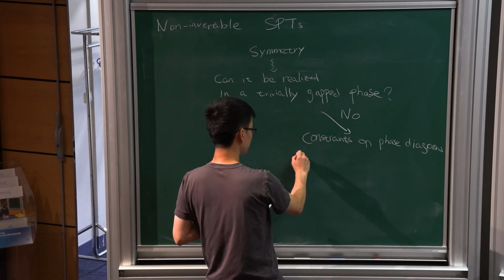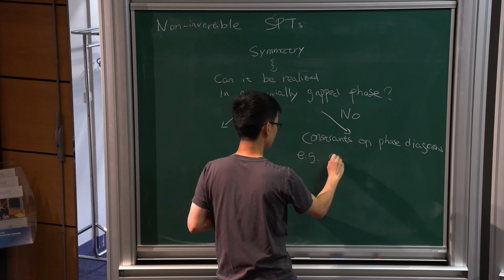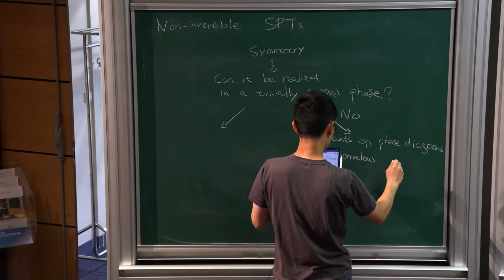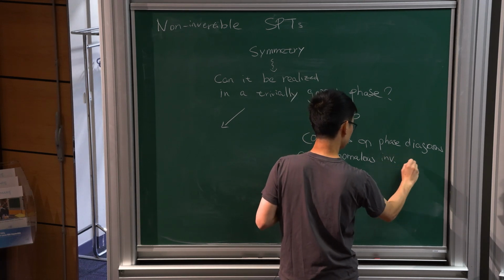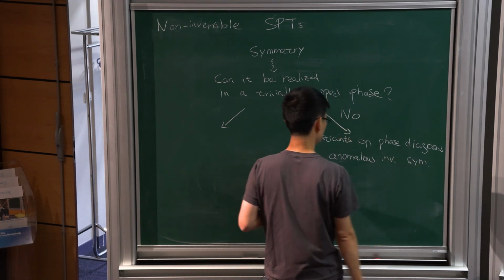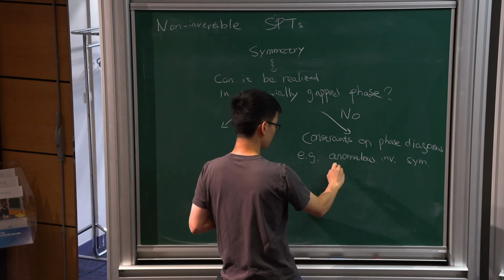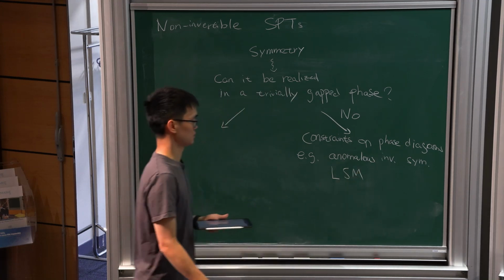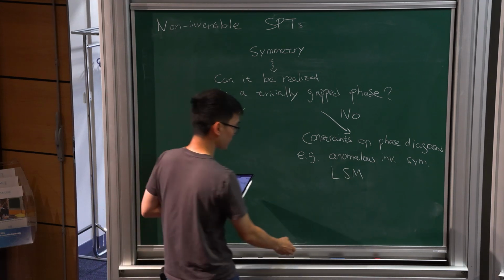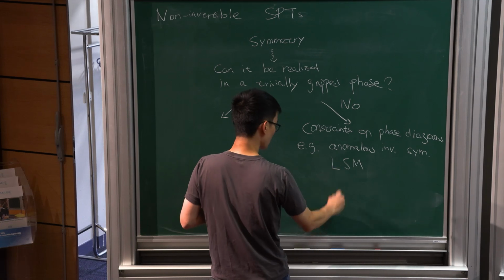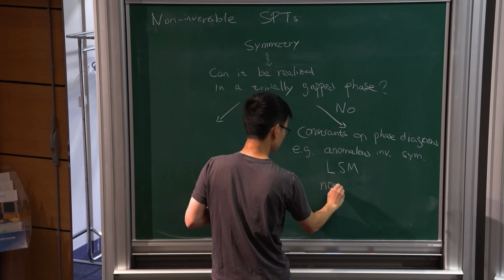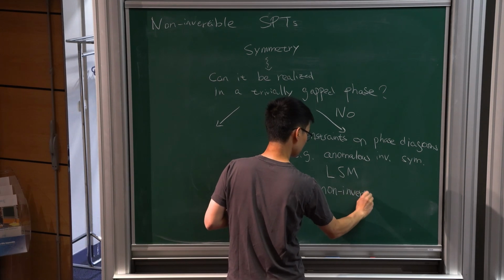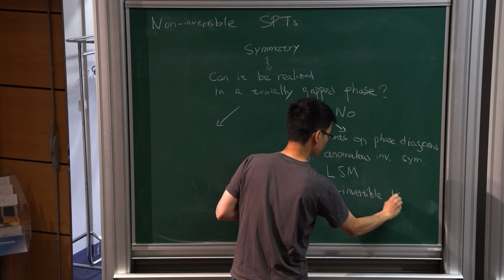And there could be many such symmetries, right? It could be just an anomalous invertible symmetry. It could also be symmetries involving lattice translation, like the LSM type constraint. Or it could be for symmetries we just discussed, like the non-invertible Kramers-Wannier symmetry.